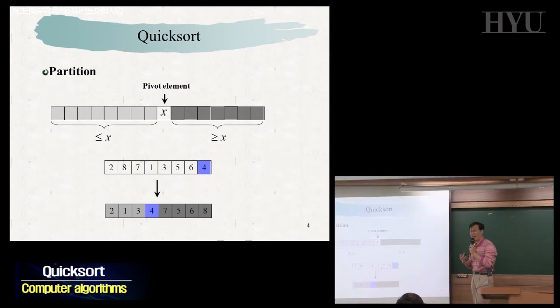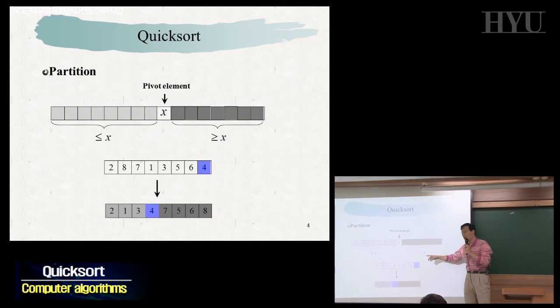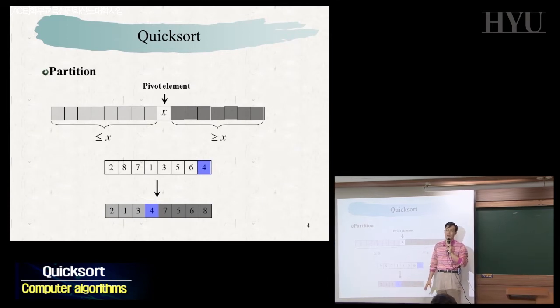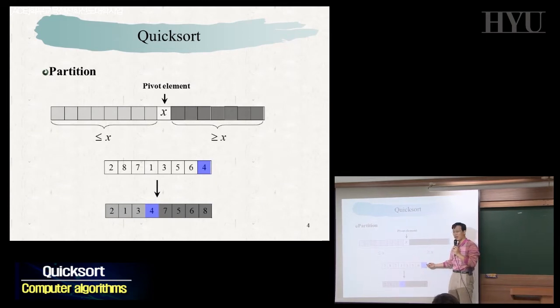To be more exact, let me clarify the partitioning problem. In this case, a pivot element is given from the input array. Then the purpose is to move all the elements.